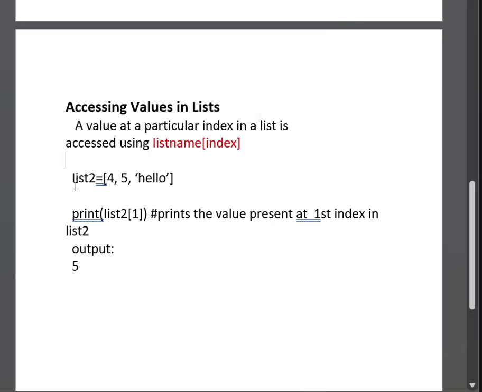For example, list 2 is equal to 4, 5, hello. print list 2 of 1. The 1 represents the index in the list, the first index of list 2. Indexing here starts with 4 at index 0, 5 at index 1, and hello at index 2. In the question they have given index number 1, so the answer is 5. This is accessing a value in the list.